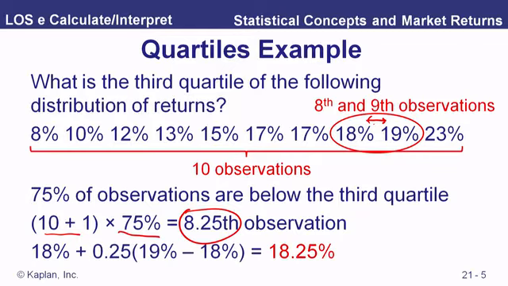And we're going to go a quarter of the way from 18 to 19, which is 0.25. So our third quartile is 18.25%, a quarter of the way from the 8th to the 9th, because that's the position we got for it from our n plus 1 times the 75th percentile.